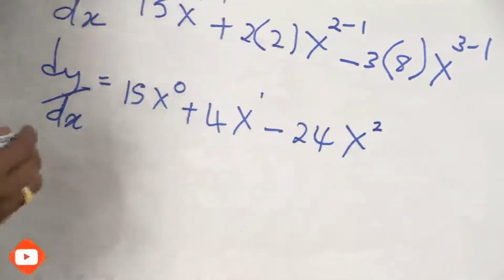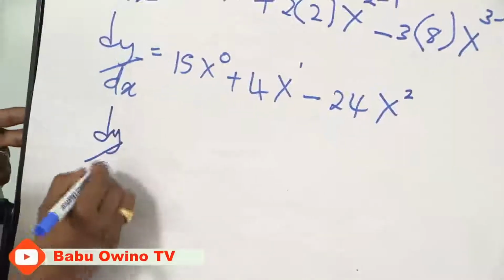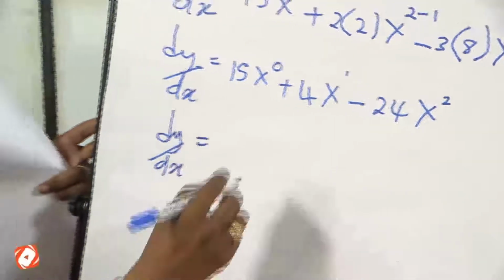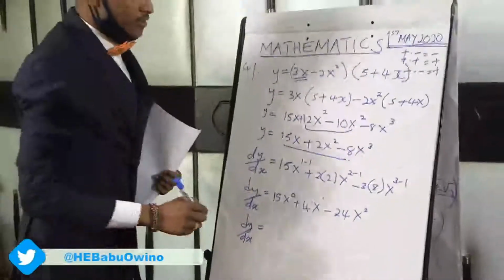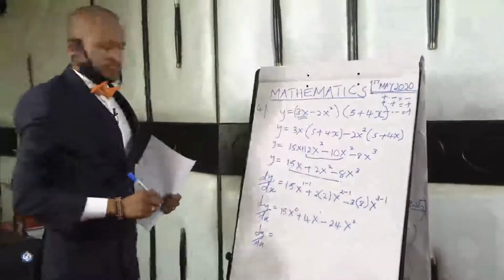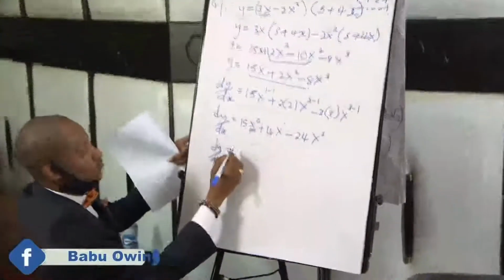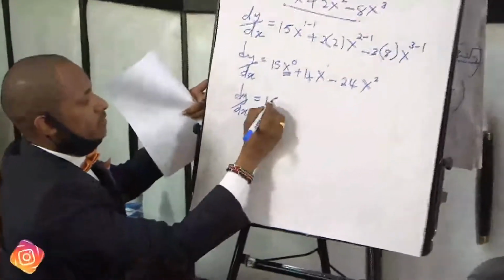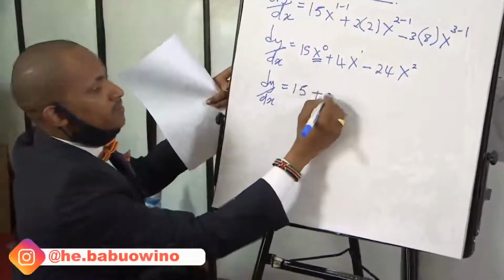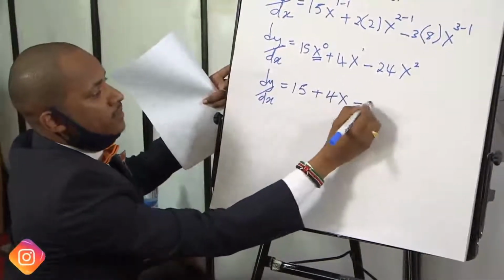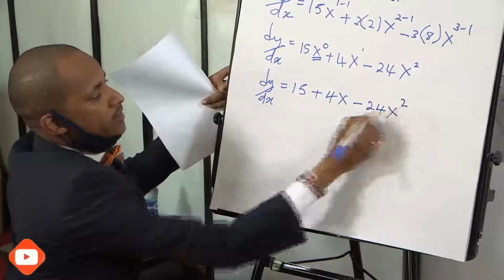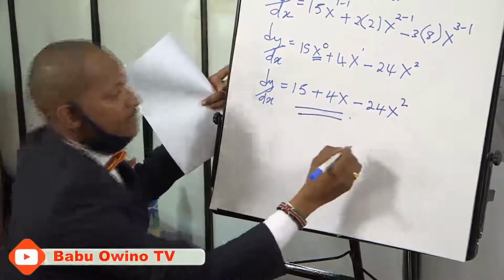So from here, any number raised to power 0 equals 1, or any letter raised to power 0 equals 1. Therefore, x raised to power 0 equals 1. So this is 15 times 1 is 15 plus 4x minus 24x squared. This is our answer.